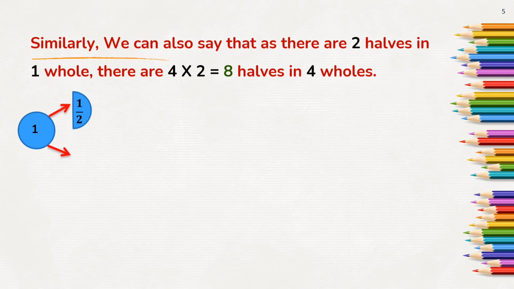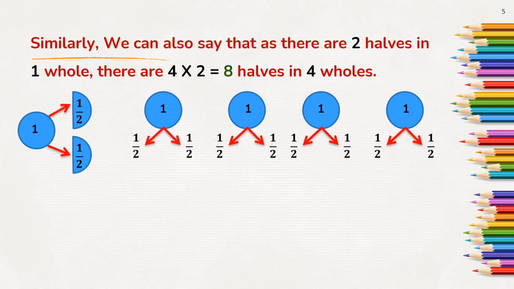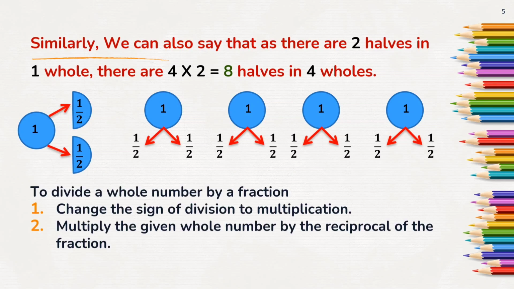Right? Each part will be half. So, when one whole is divided into two parts, 4 whole is divided as 8 parts, right? So, to divide a whole number by a fraction, first we need to change the sign of division to multiplication.